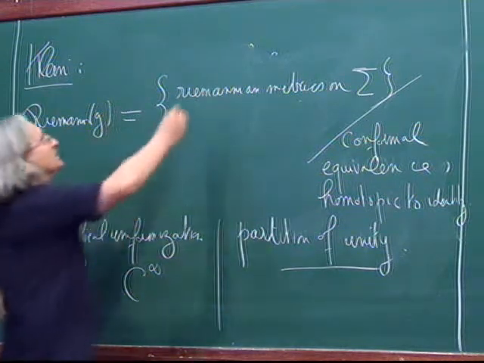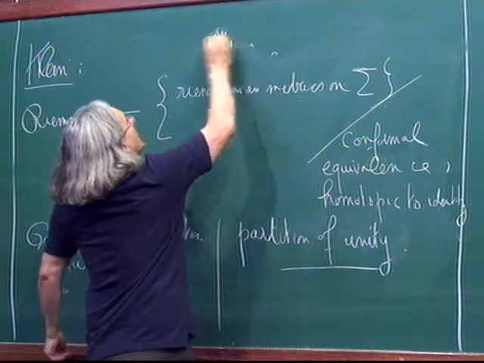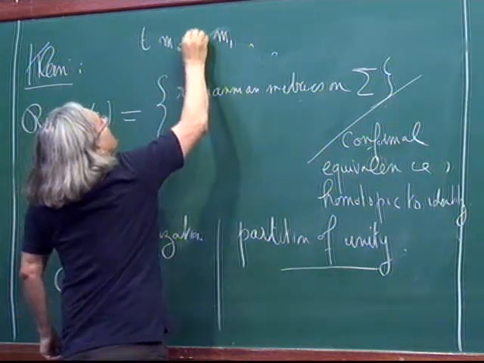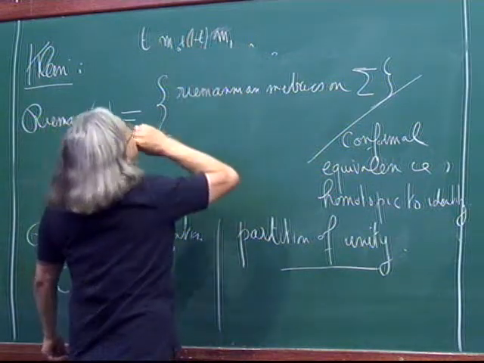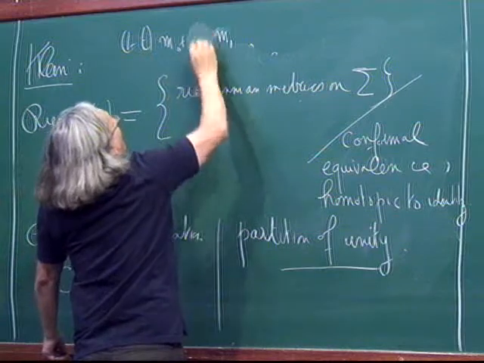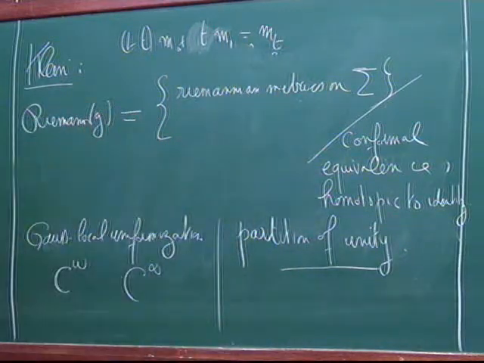If you have Riemannian metrics M1 and M0, well, you can construct t M1 plus (1 minus t) M0. And this is the path of Riemannian metrics on a manifold.